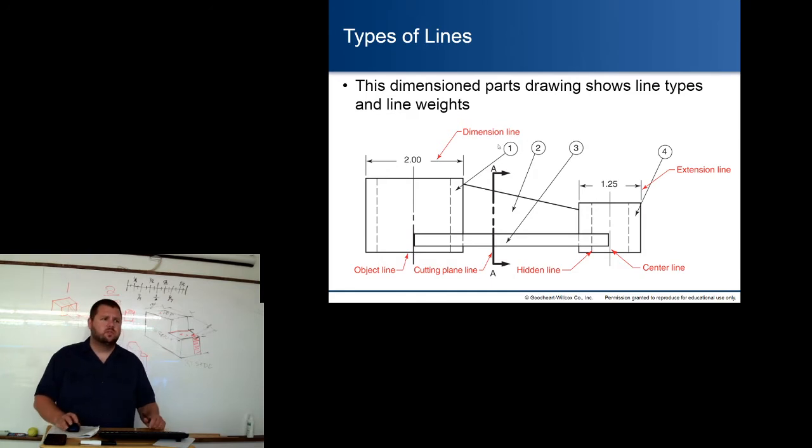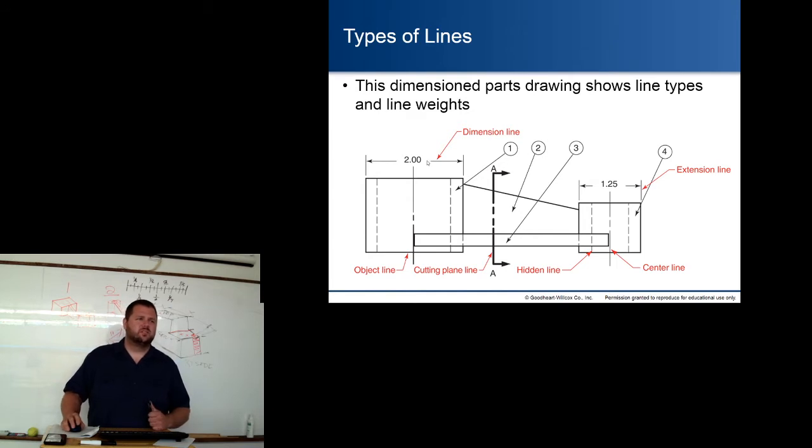Most of the time it's an edge to an edge. There are times when it gets a little finicky, but what I'm saying is if I took a tape measure and laid it right here and measured to right here, it's 2 inches. Same thing, from here to here is 1.25 inches.